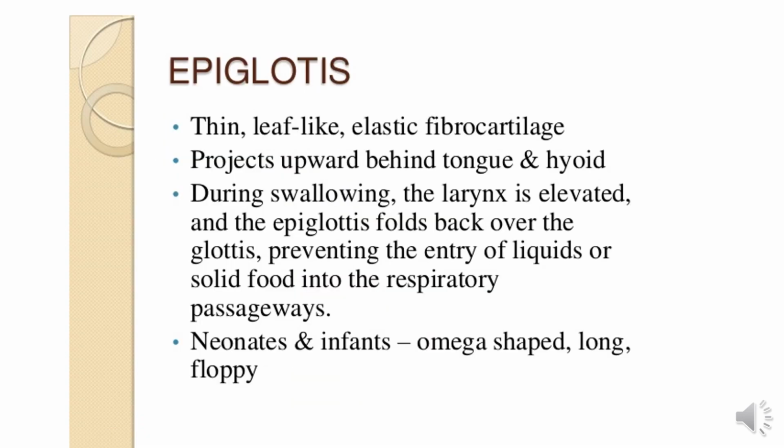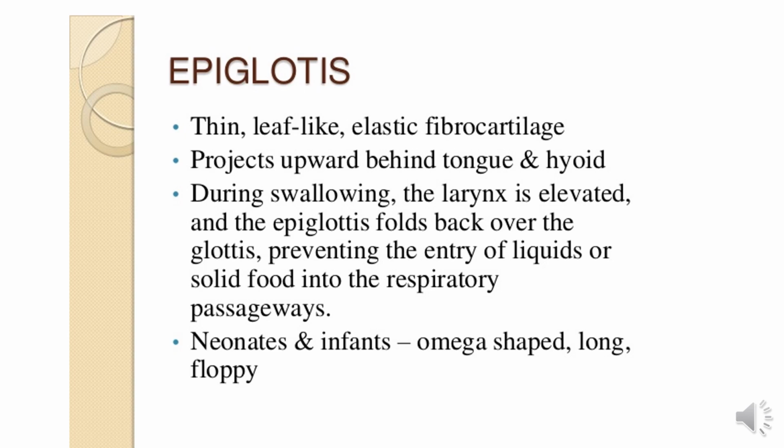The epiglottis is a thin, leaf-like elastic fibrocartilage. The rest of the cartilages in the larynx are all hyaline cartilage, except the epiglottis, which is elastic fibrocartilage. It projects upward behind the tongue and hyoid bone and connects with the hyoid bone through the hyoepiglottic ligament.